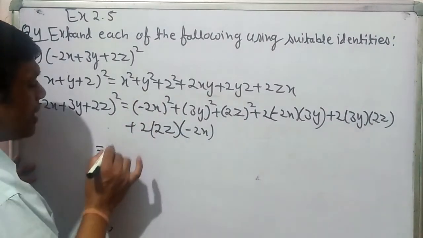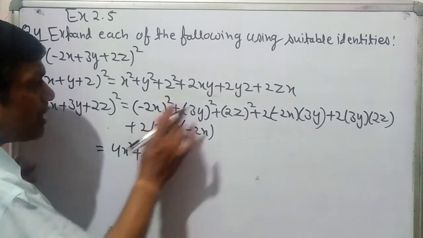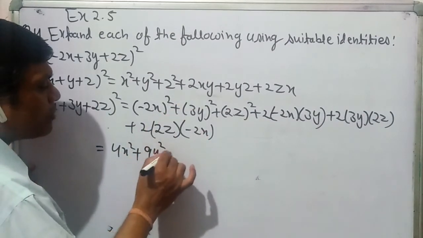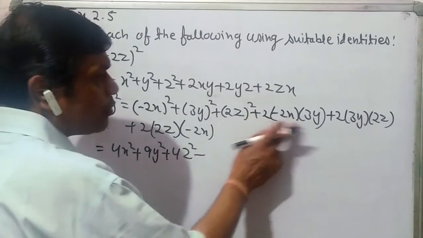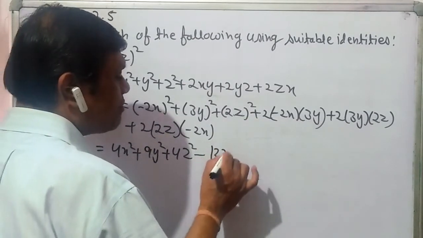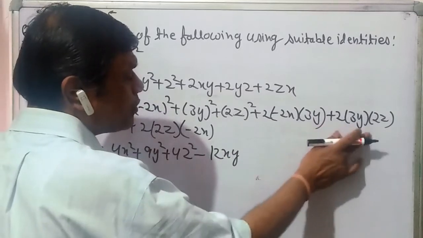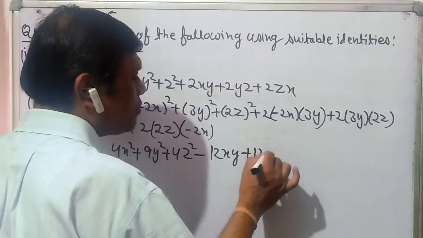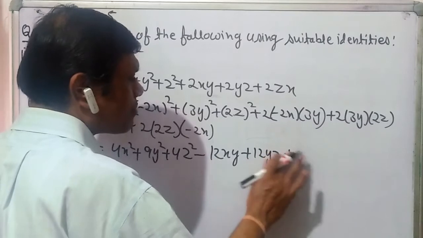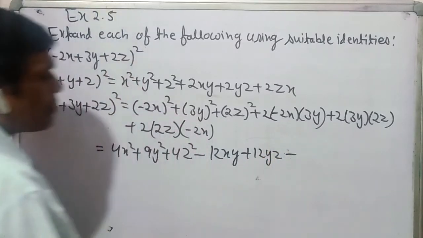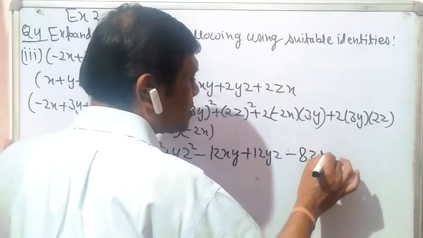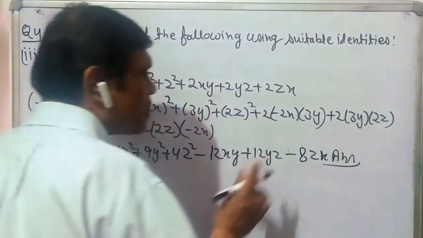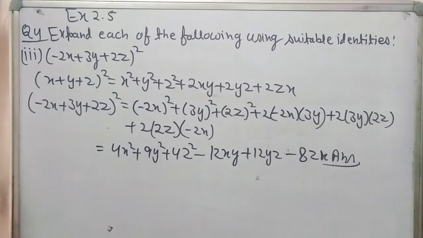Simplify them, square is positive, so we have 4x square, 9y square, 4z square. 2 twos are 4, 4 3s are 12, negative 12xy. 2, 3 is 6, 2 sixes are 12yz. 2 twos are 4, 4 twos are 8zx. So that is the proper expansion of this particular part.